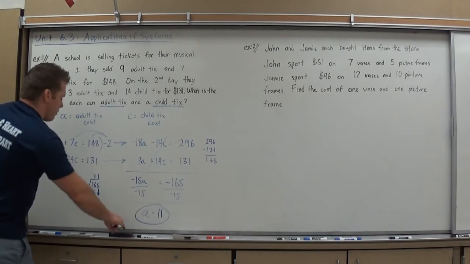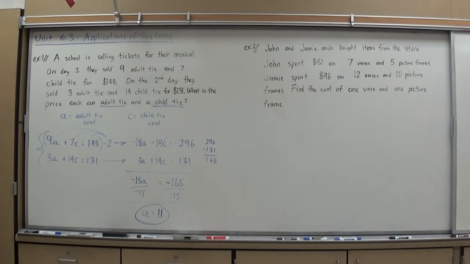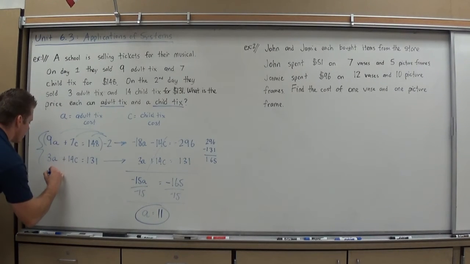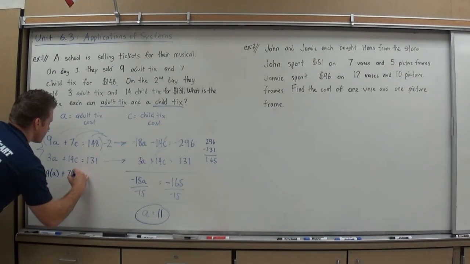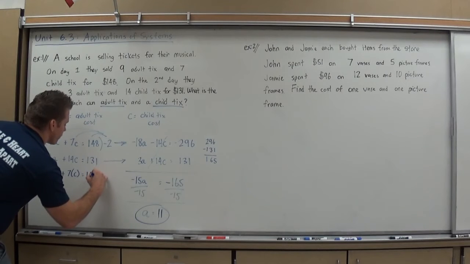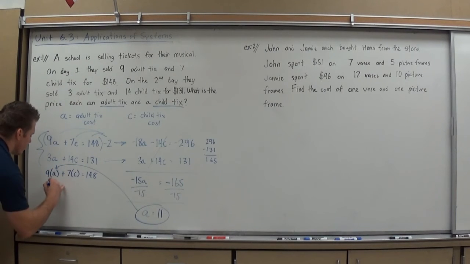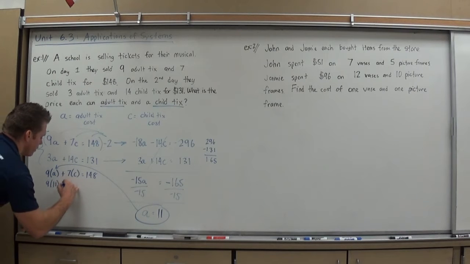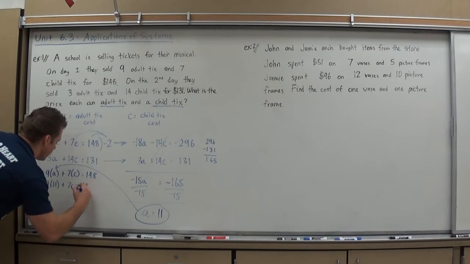Now to finish that up, I need to plug that back in to the original function for A. And I'm going to use the top one. So 9 times A plus 7 times C equals 148. And I can take A and plug it in. So it's 9 times 11 plus 7C equals 148.